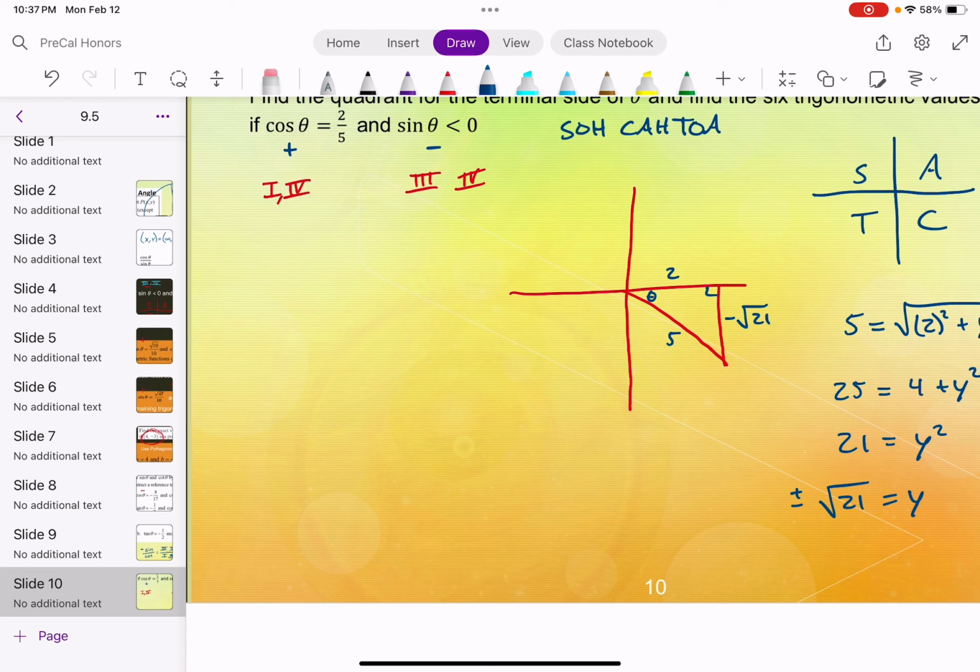Let's go ahead and start with sine, make our life a little bit easier. Sine is opposite, negative square root of 21, over hypotenuse, which is 5. This means cosecant of theta is equal to a negative 5 over square root of 21.